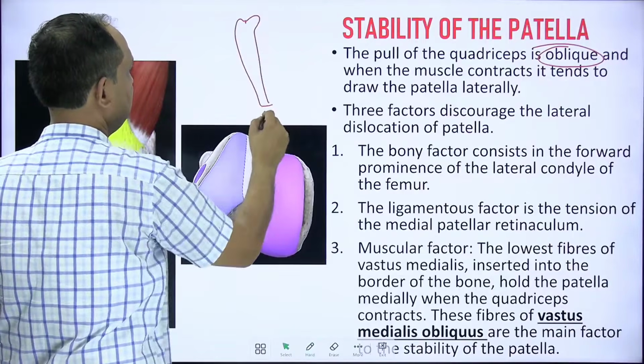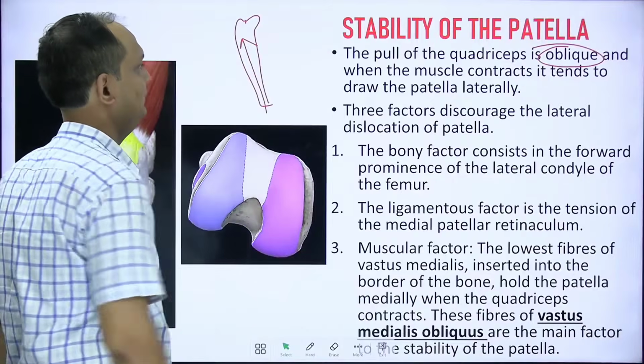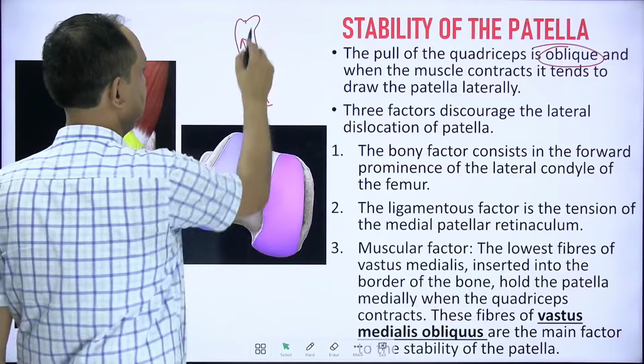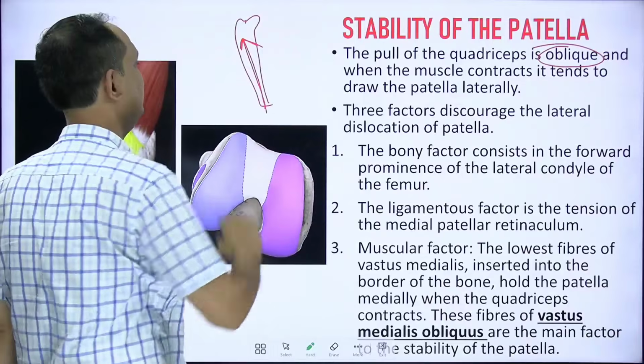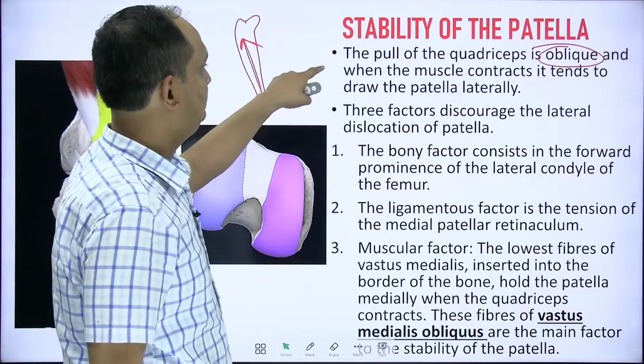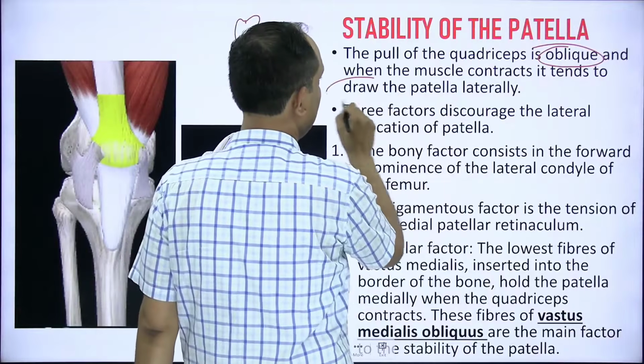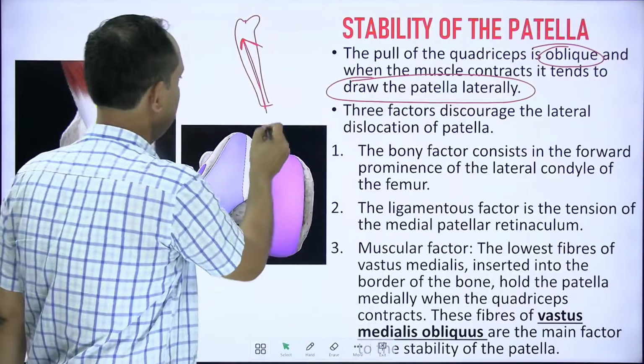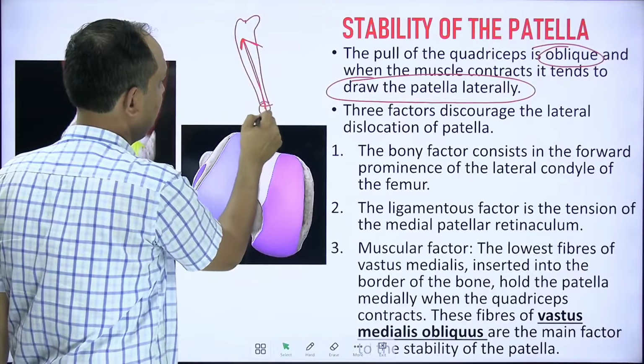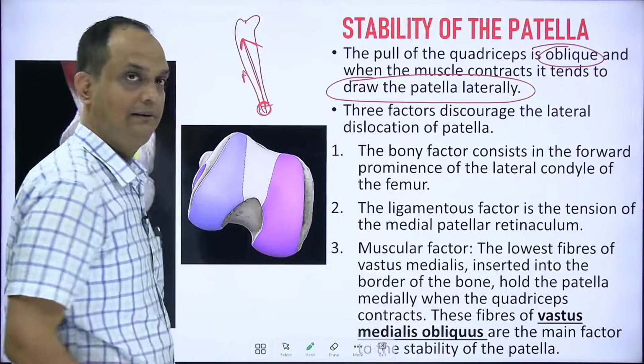So, because of this, the pull is not in the vertical direction; the pull of the quadriceps is upward and lateral. Because the pull of the quadriceps is oblique, when the muscle contracts it tends to draw the patella laterally.